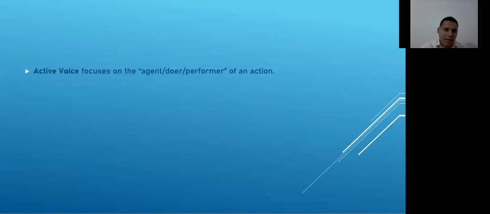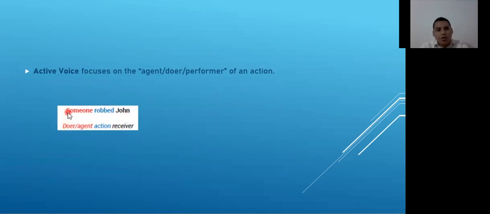Now let's move on. Let's see the active voice first. Active voice focuses on the agent, doer, performer of an action. Example, here it is. Someone robbed John. So someone is the doer or agent. Let me use some arrows here. Okay.